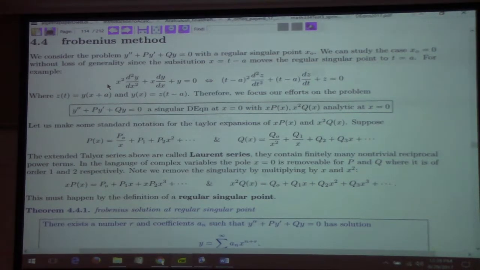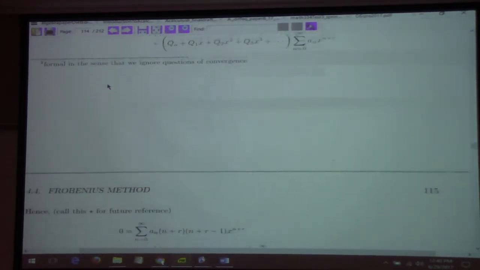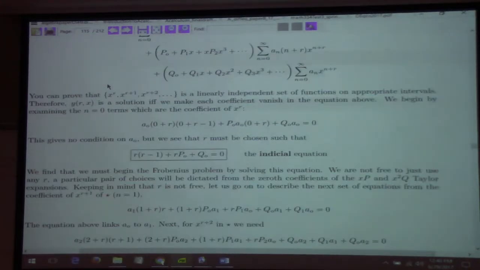Okay. So we're solving this, and basically our proposal is that y is equal to the sum n equals 0 to infinity of a sub n x to the n plus r. And we learned that for that to work, we have to solve the indicial equation, which we derive shortly thereafter. A little bit of calculation here, and we learned that r isn't just anything. r has to solve the indicial equation.